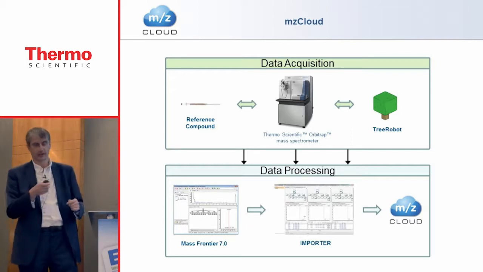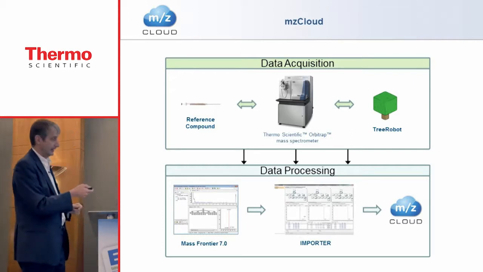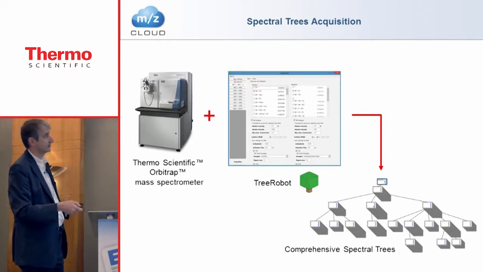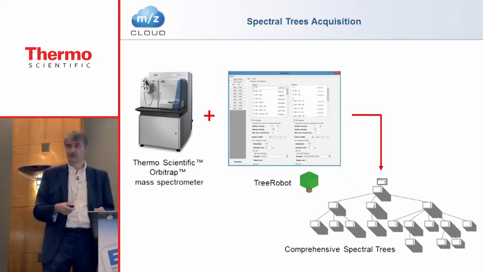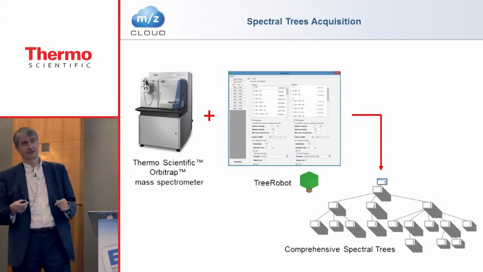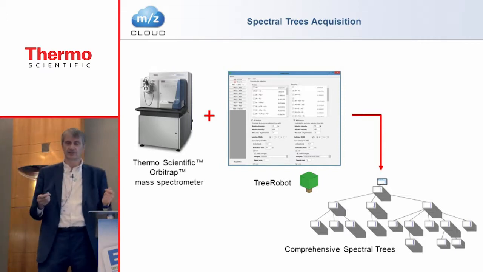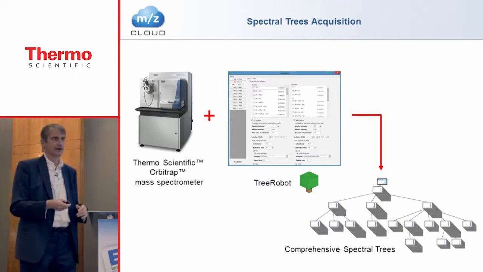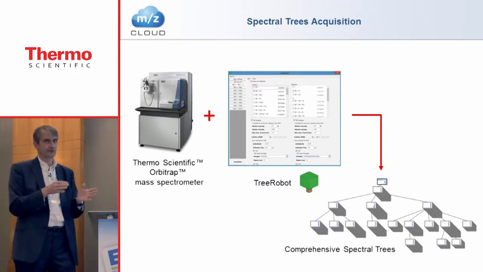Why? I will show you later. Then we process the data and they go to mzCloud. Once again, this is the software we used for generation of the spectral trees. Sometimes it takes 20 minutes. We have spectral trees that took 7 hours to acquire for one compound. But this will later pay off.